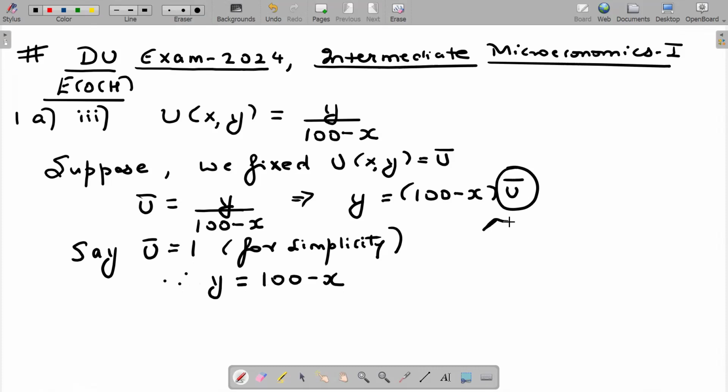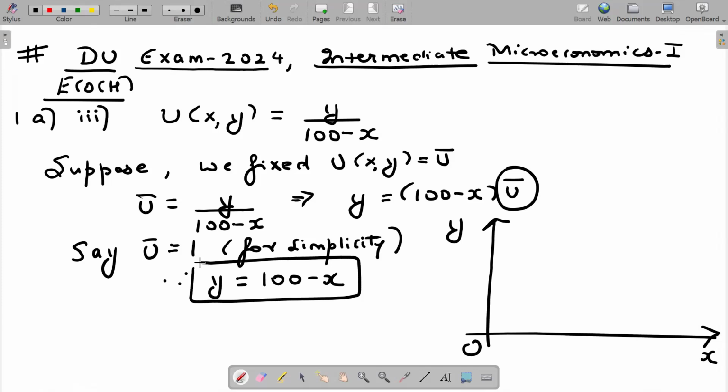So how will the function look for a utility level of 1? This is good x, this is good y. 100 minus x is going to pass through 100 comma 0 and 0 comma 100. So this is 100 comma 0 and this is 0 comma 100. This is an indifference curve with a utility level equal to 1.